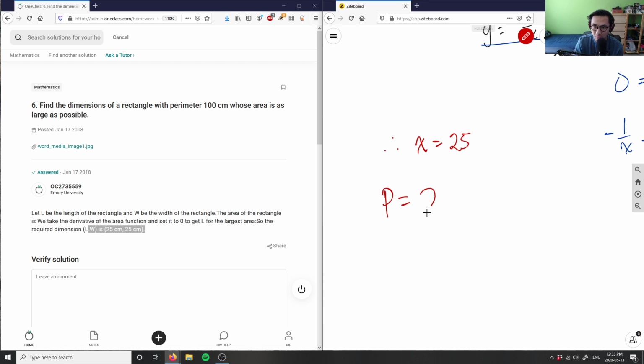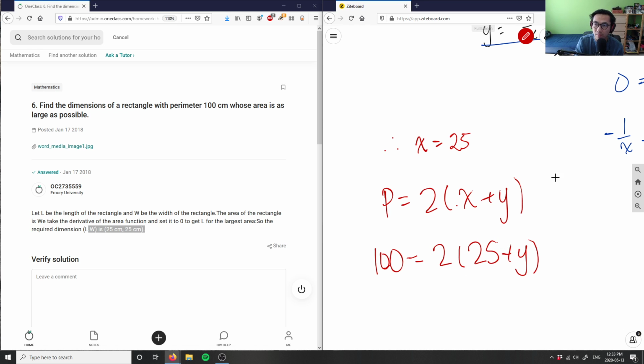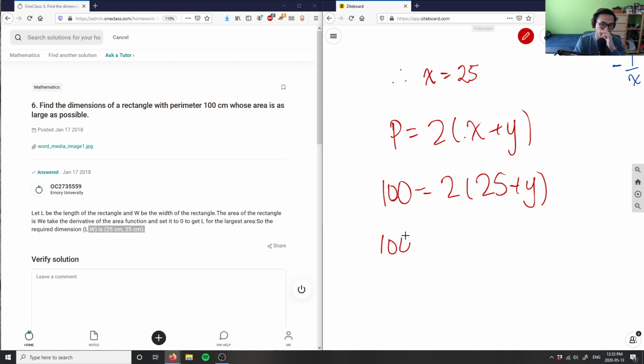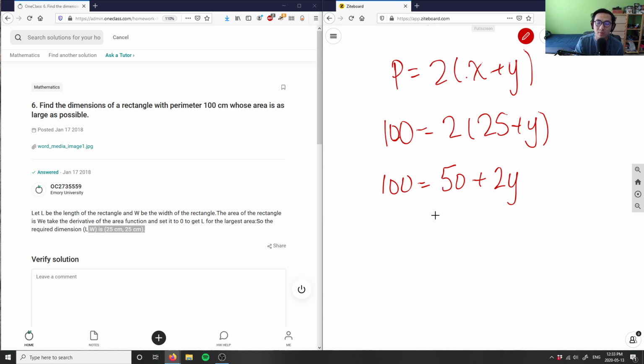So I have P equals 2x plus y. I know that this here is 100, so 100 equals 2 times 25 plus y. Using FOIL, 2 times 25 is 50 plus 2y. 100 minus 50 is simply 50 over 2, so y here is going to equal 25.